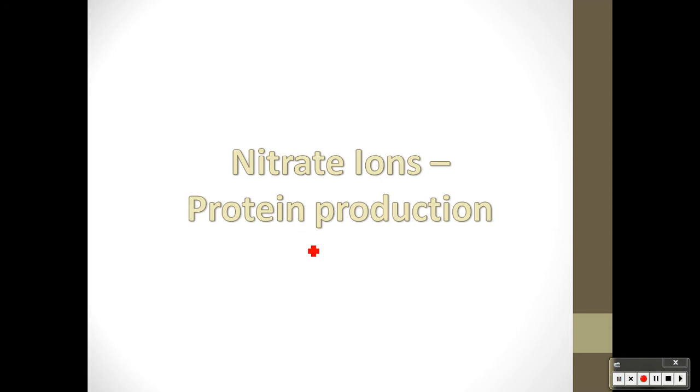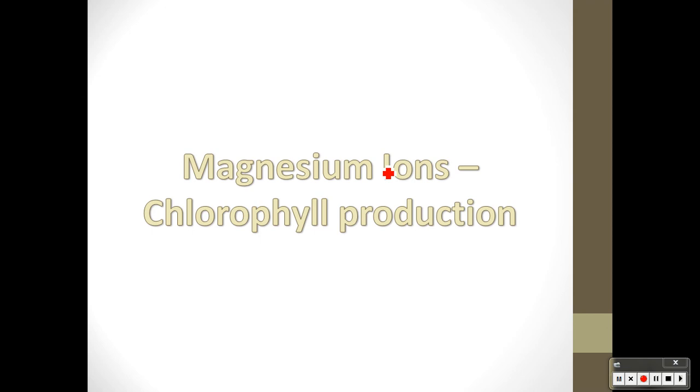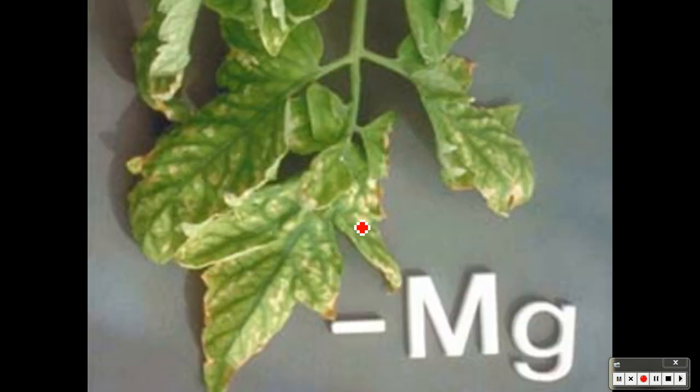Okay. So nitrate ions are for protein production. Without nitrate ions, you will get poor plant growth, poor leaf structure. Your plant really won't grow too big. Magnesium ions are for chlorophyll. A lack of magnesium results in yellow leaves, and this is called chlorosis, and that's yellow leaves.